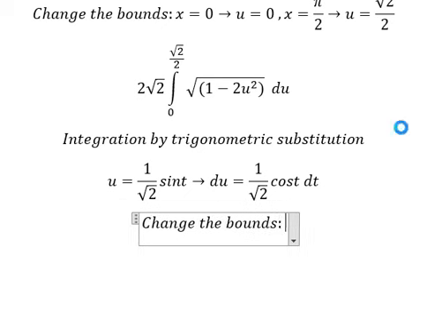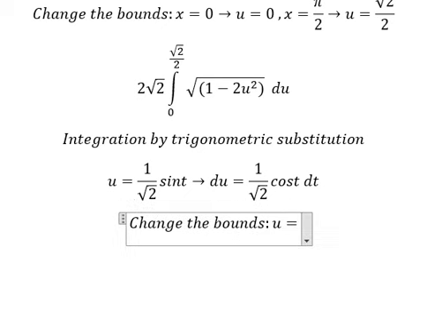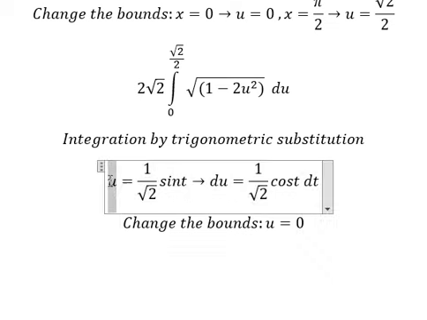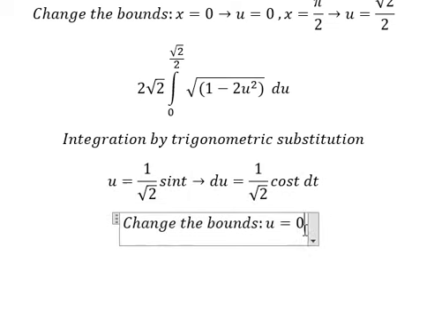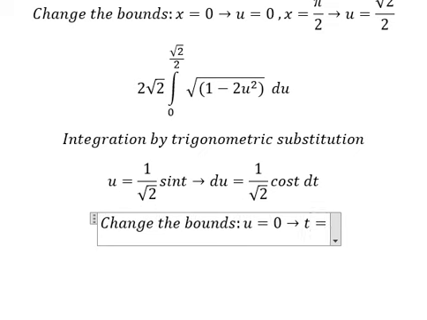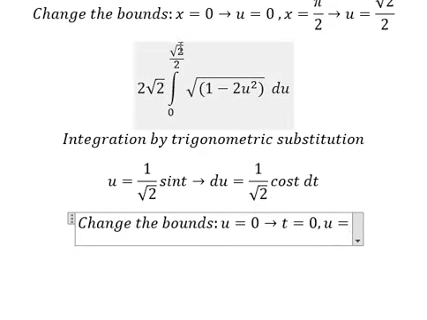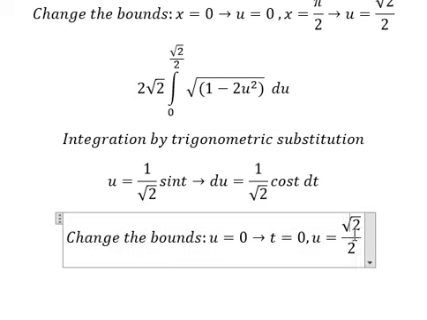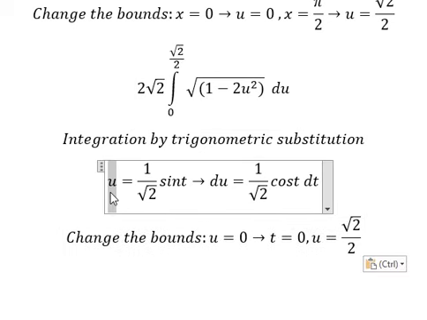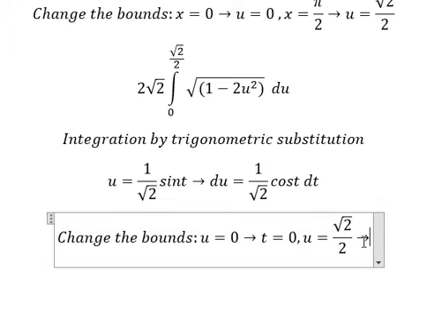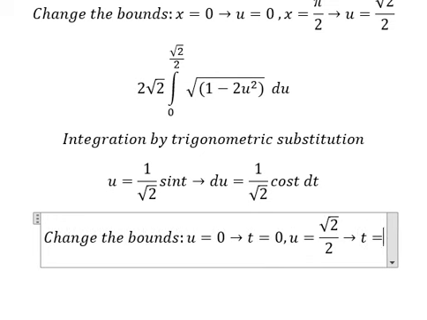Next, we change the bounds. When u equals number 0, we put number 0 in here, and that means sine t equals number 0, and t should be number 0. When u equals the square root of number 2 over 2, we put this one in here, and we simplify both sides, so sine t equals number 1. So t in here should be b over 2.